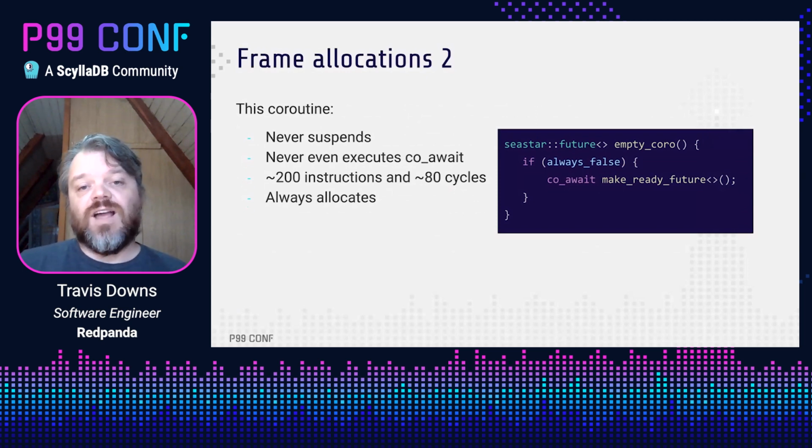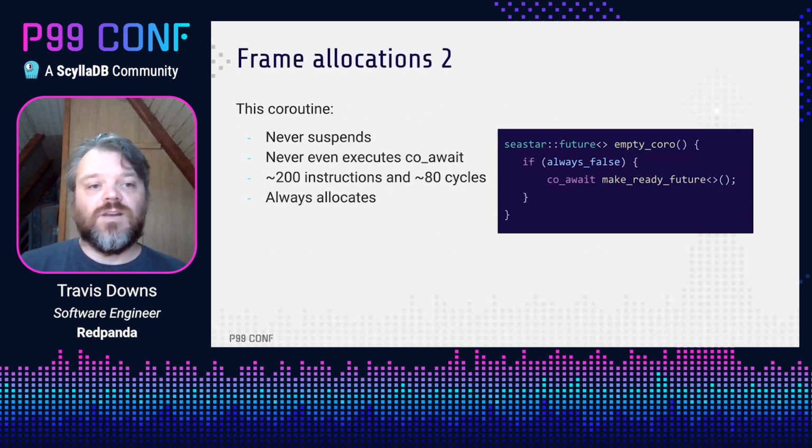It's also inside an if statement that at runtime never executes. So not only does this routine never suspend because the future is always ready, it never even executes the co_await. So we never enter that branch. The compiler can't prove that because this is a global variable that is mutable. But at runtime in the benchmark, it doesn't enter the branch.